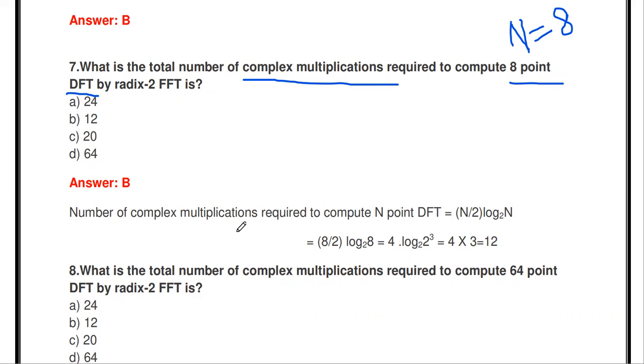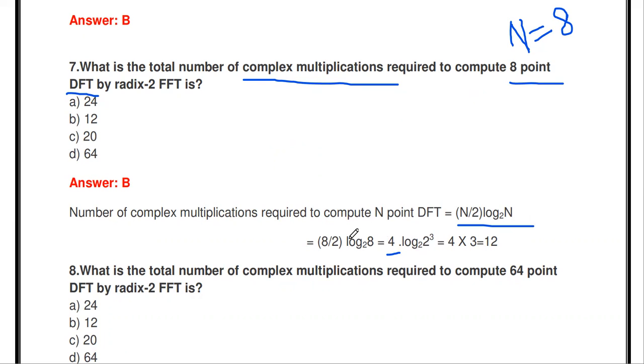Already you know the number of multiplications required to compute the N-point DFT in the radix-2 FFT algorithm. The formula is n by 2 log n. In this formula, you just substitute the n value, which is 8. So 8 divided by 2 times log 8 to the base 2. 8 by 2 is 4 into log 8 to the base 2.